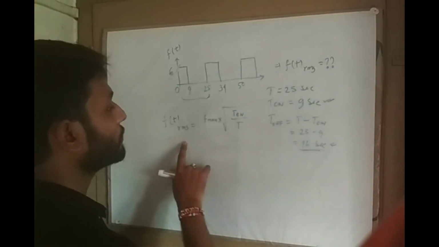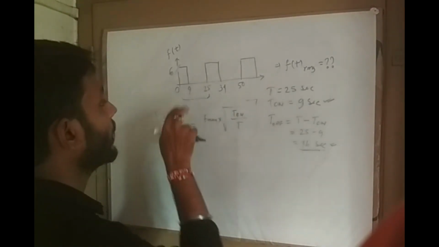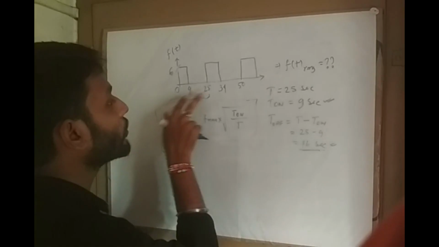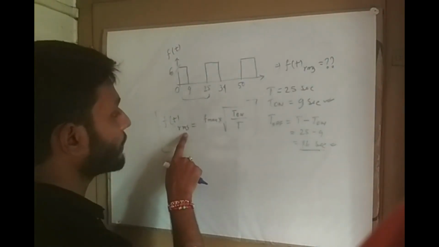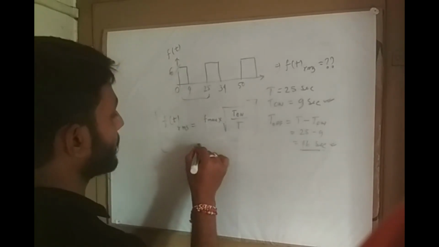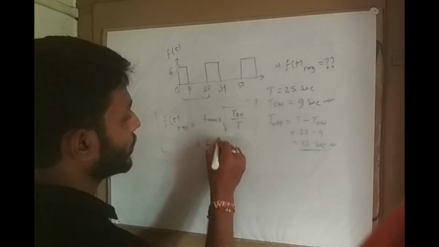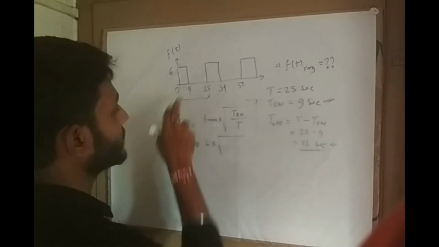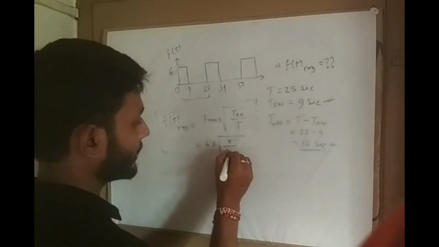This is the shortcut for this type of signal where T on and T off are of different values. F of t RMS will be equal to the maximum value, that is 6, multiplied by root over of T on, that is 9 seconds, divided by total time period, that is 25.